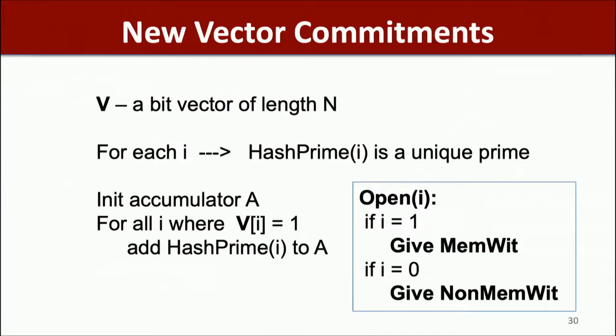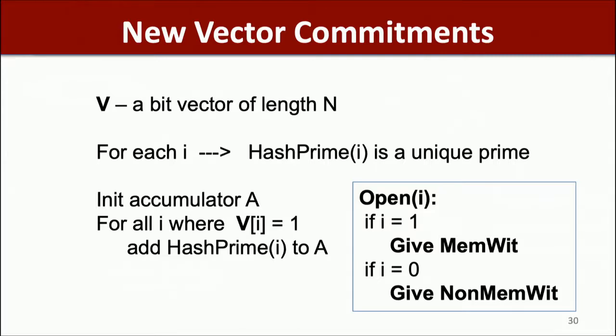I want to be able to support future accounts that have not been created yet. So what we did is we used our accumulator to create a new vector commitment which has a constant size setup, so it doesn't have these downsides, and also has similar batching properties as the accumulators. The idea is simply that for every index, I have a prime, and it's a bit commitment, so I only commit to 1 or 0 at the index.